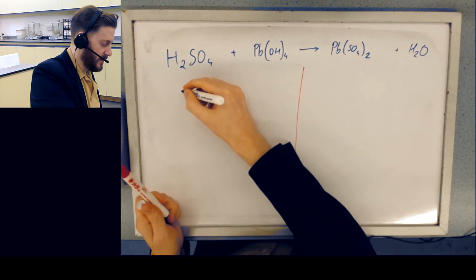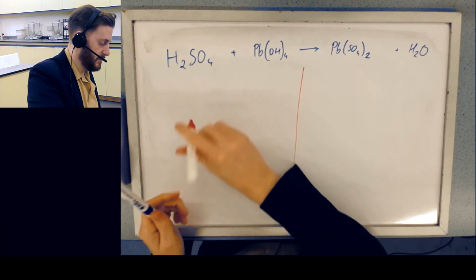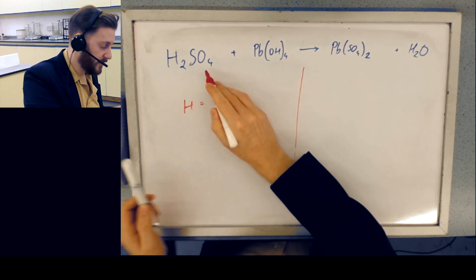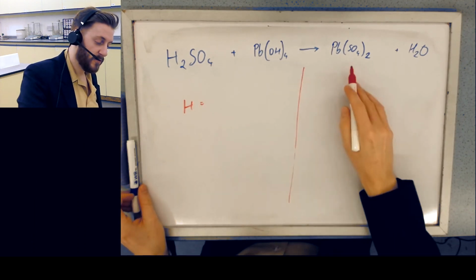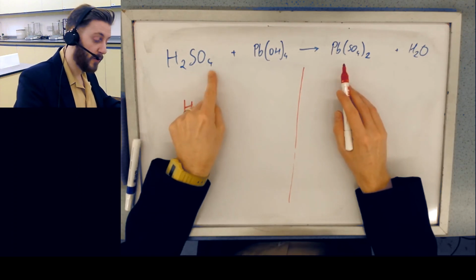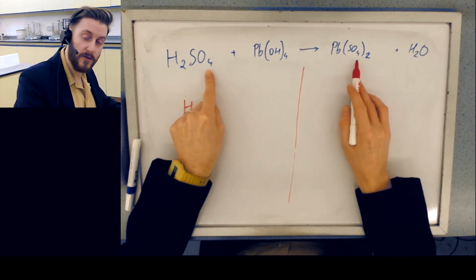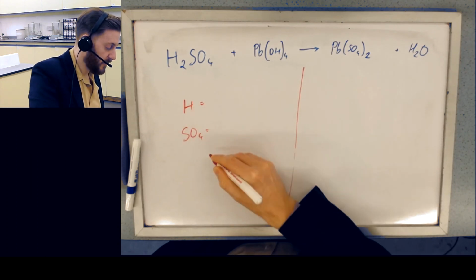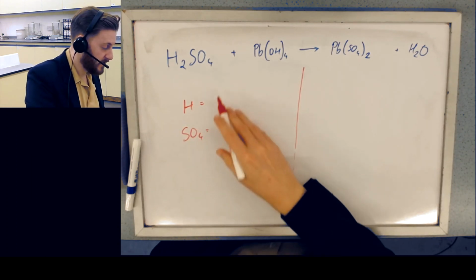I have hydrogen. Now I've got this sulfate here again, my SO4, SO4. Just like I said for the last one, if the polyatomic ion is the same in and out, let's just keep it the same. So I'm going to keep an SO4 on this side and on that side.